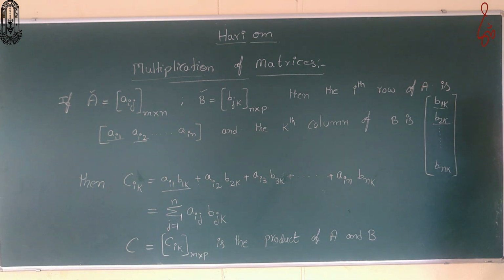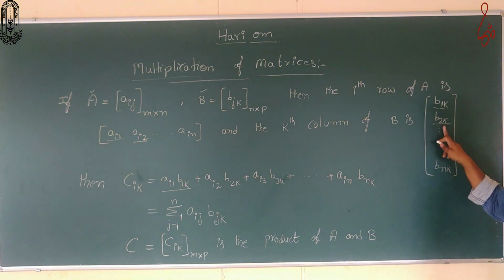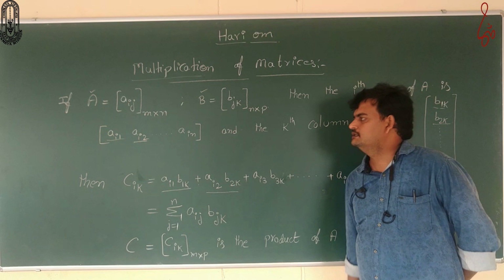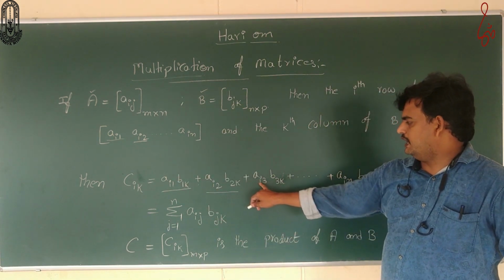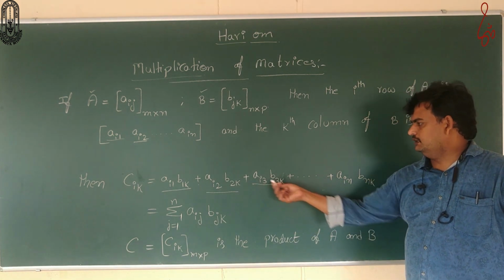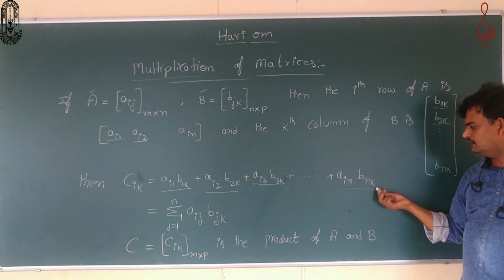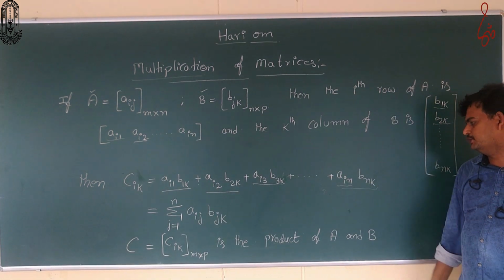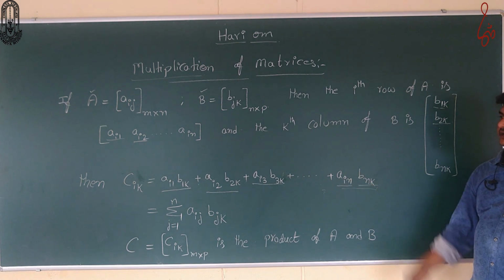again the second element in the ith row, ai2, into the second element in the kth column, b2k. Plus, again the continuation, the third element of the ith row ai3, the third element of the kth column b3k. Like that, the corresponding elements should be multiplied till the end. So here we have the nth element of the ith row and the nth element of the kth column, the product we are finding.